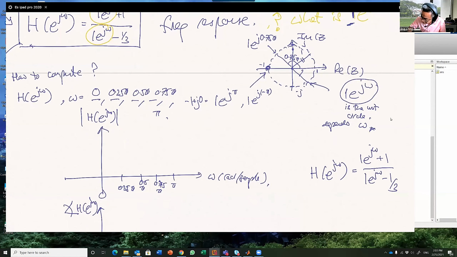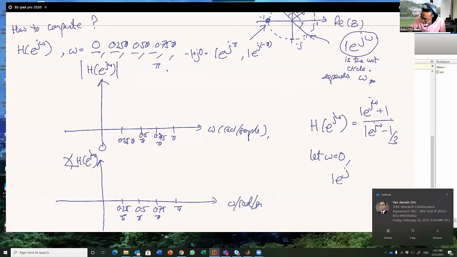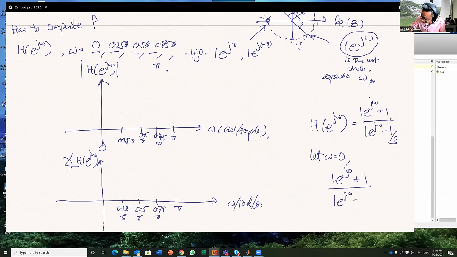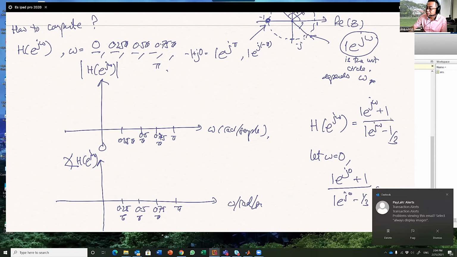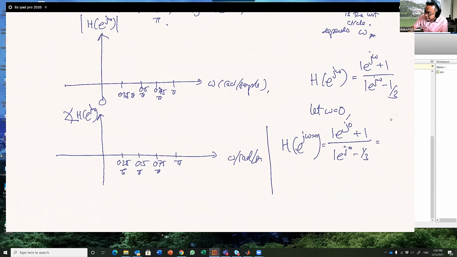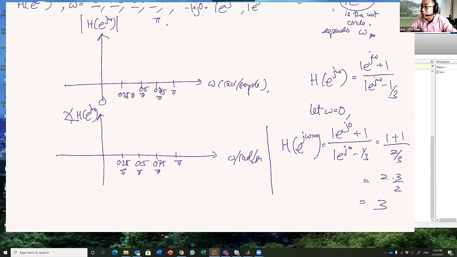So we have e^j0 plus 1 divided by e^j0 minus 1/3. The answer is, somebody? e^j0 is easy, it's 1, so 1 plus 1. This one, 1 minus 1/3 is 2/3. The answer is 2 times 3 over 2, which equals 3. Did I get it correct? 3. Okay. Now let us use MATLAB.